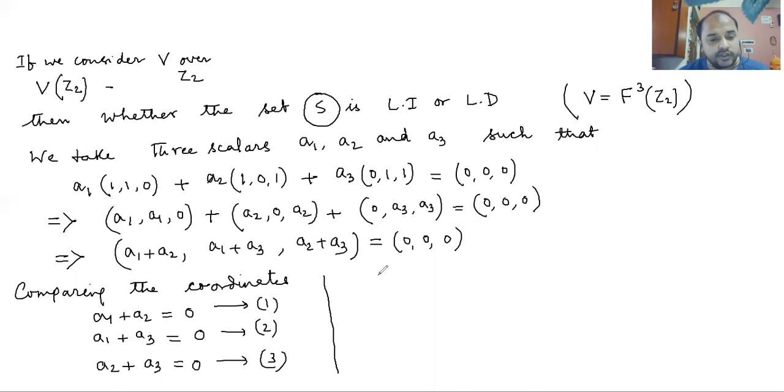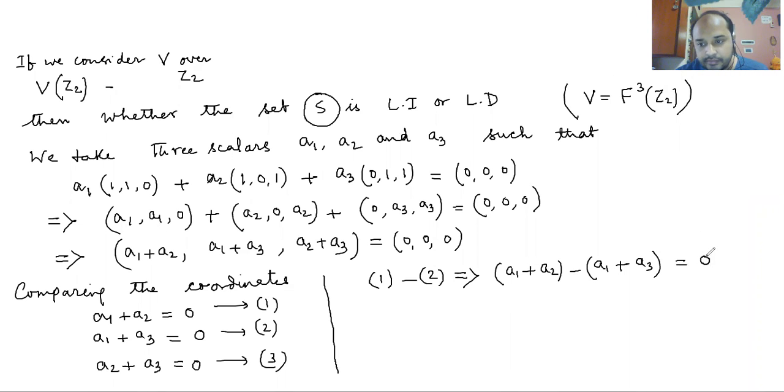I am going to subtract equation 2 from equation 1. What we get if I do so: A1 plus A2 minus (A1 plus A3), which implies A2 minus A3 is equal to 0. This is my equation 4.